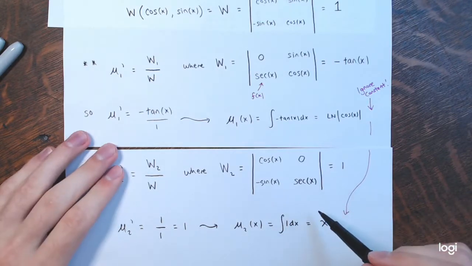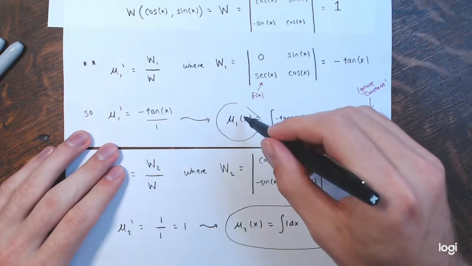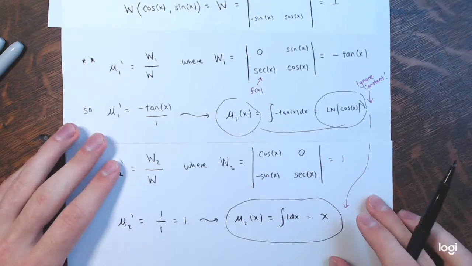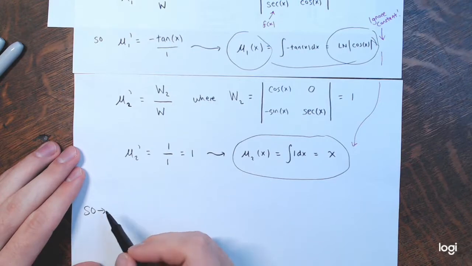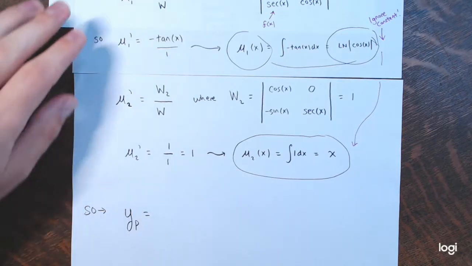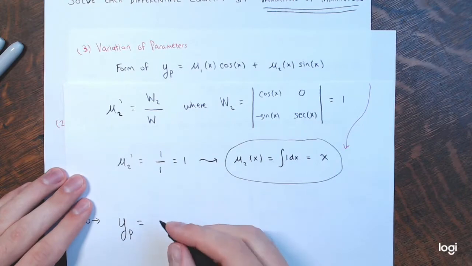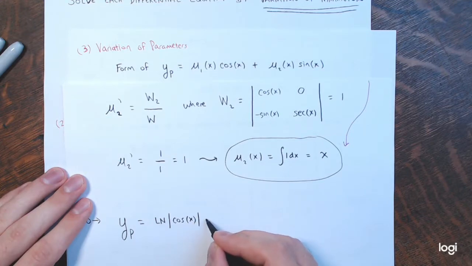Alright, so now I have u2 of x, I have u1 of x. Now I can state a particular solution to this differential equation. yp, setup here was, u1 of x times cosine x, so that's the natural log of the absolute value of cosine x times cosine x.